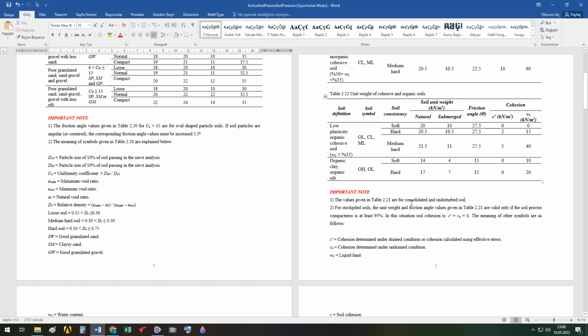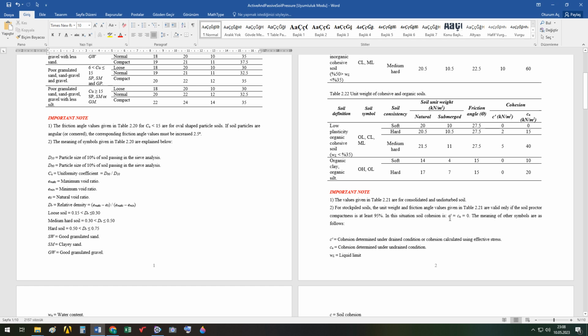These values are for consolidated and undisturbed soil. For stockpiled soils, the unit weight and friction angle values given in this table are valid only if the soil compactness is at least 95%. So compact the soil. In this situation, soil cohesion is 0.